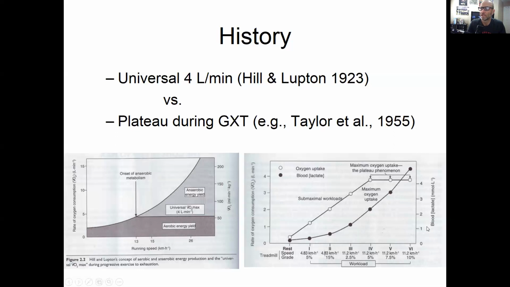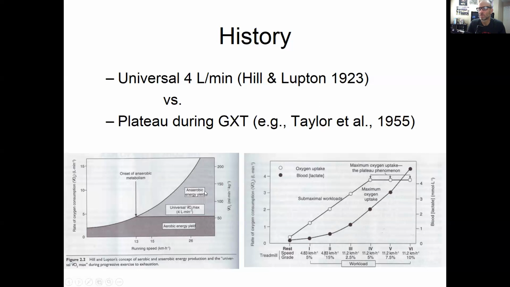Here's blood lactate on this axis, so you can see the numbers that correspond with these data points. As intensity of exercise increases, the amount of blood lactate increases, which means the amount of anaerobic conversion is increasing.